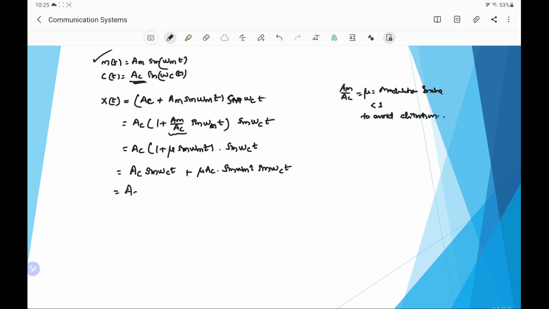It can be written as AC sine omega ct plus mu AC by 2 into 2 sine omega mt sine omega ct.